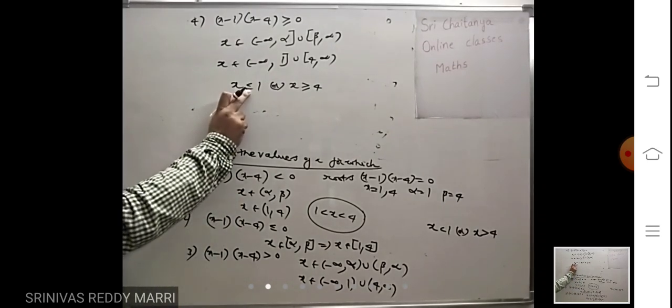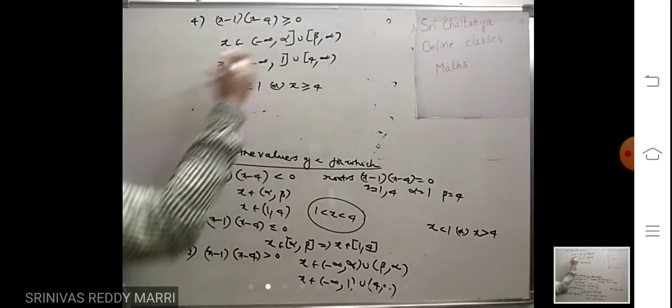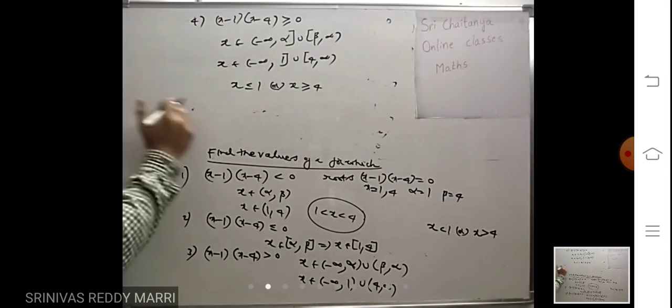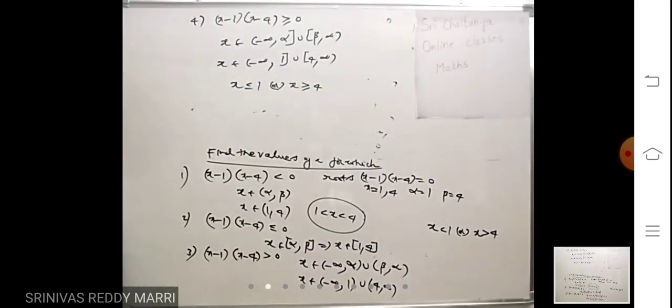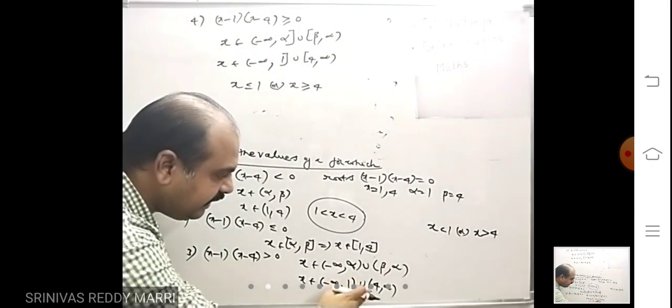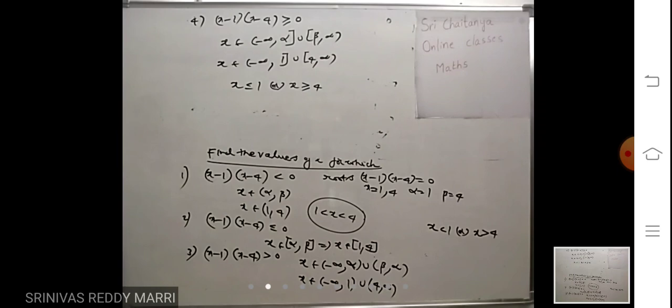Just difference is 1 and 4 you will get also, because at 1 it is 0, at 4 it is 0. All the values less than or equal to 1 will satisfy that. All the values greater than or equal to 4 will satisfy. In the previous case, only 1 and 4 will not be there. In this, 1 and 4 will be there, because at those values it will become 0. Here equal to 0 is not necessary, only greater than 0.